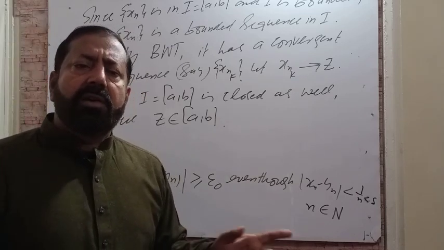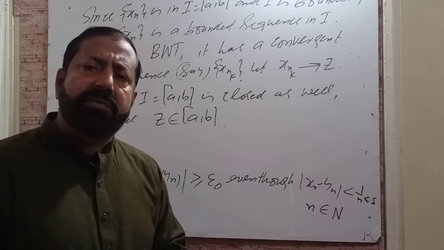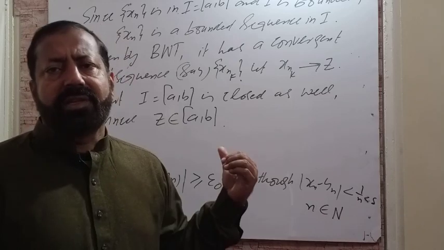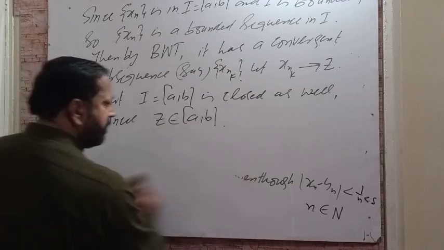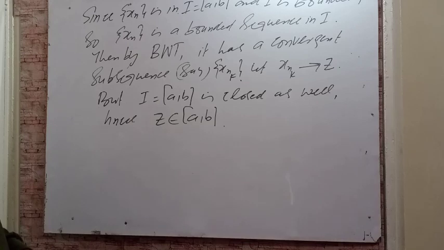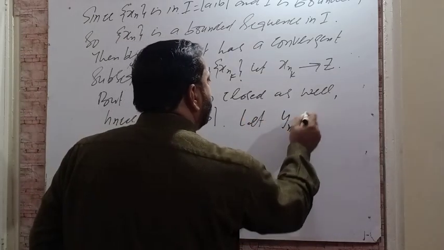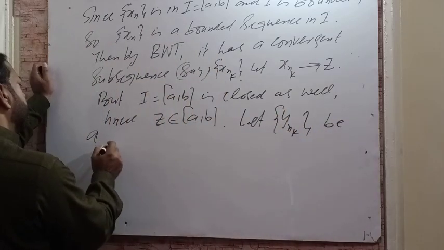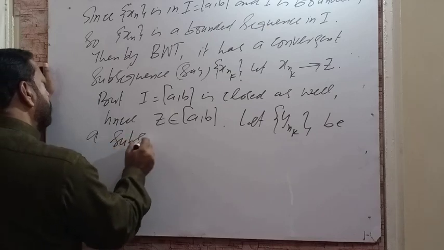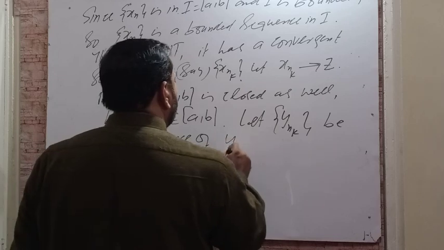So my target is to show that there is a subsequence of yn which is also converging to this z. Let ynk be a subsequence of yn.